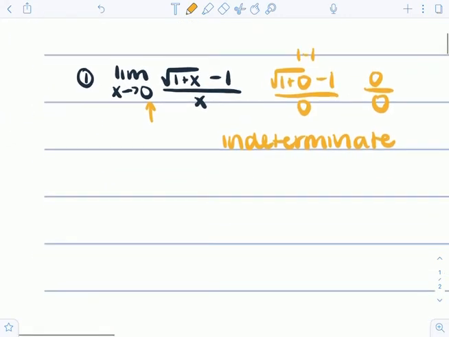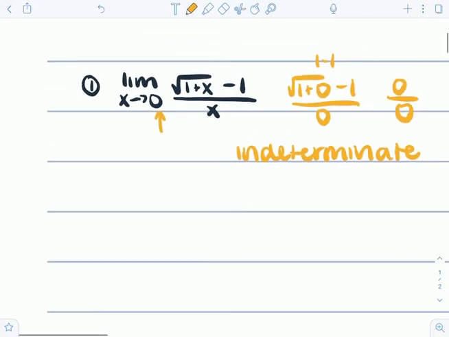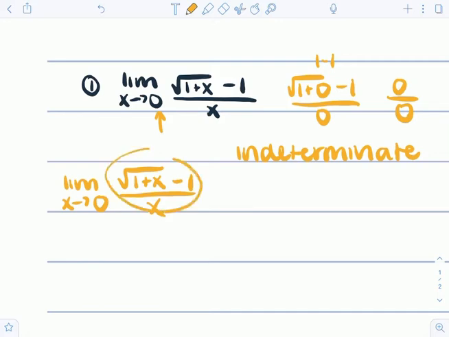Cool, but now what do we do from here? The next thing we want to do is simplify this and get it to a point that we can solve without it being undefined, or in this case, indeterminate. So, limit of x approaching 0 of square root of 1 plus x minus 1 over x. What is one thing we can do? We can multiply by a different form of 1, the conjugate of the top.